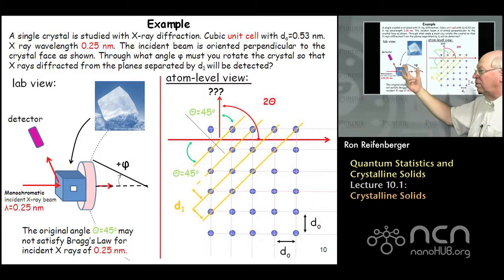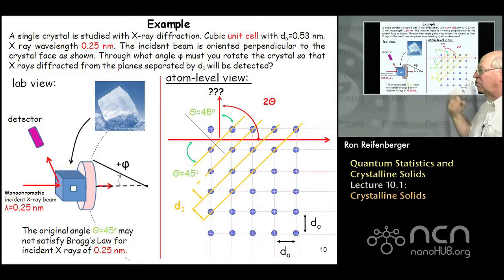We take this crystal, we mount it on a movable mount, and we align things so that the incident X-ray beam comes in perpendicular to one of the faces of this crystal. So from the geometry that I've drawn, the incident angle, the value of theta that appears in Bragg's law, is this angle of 45 degrees.